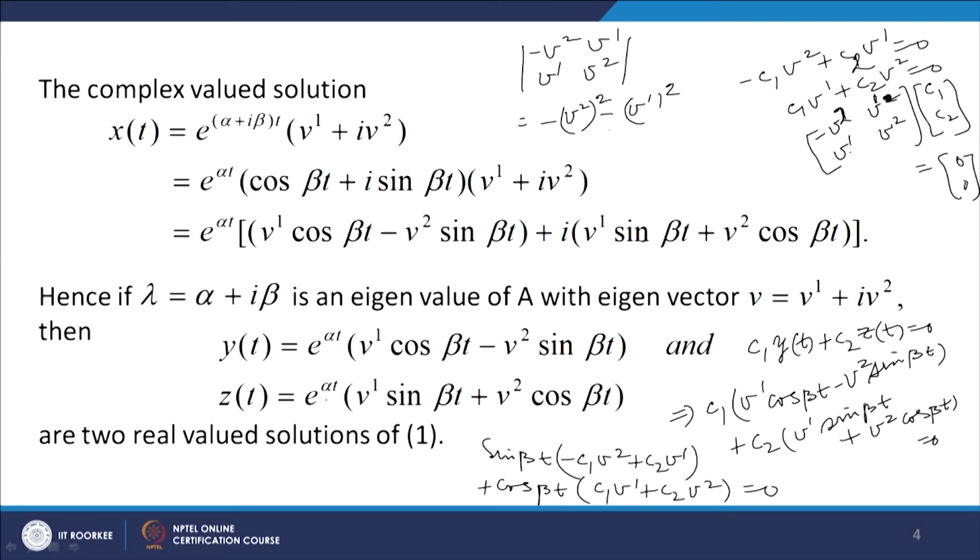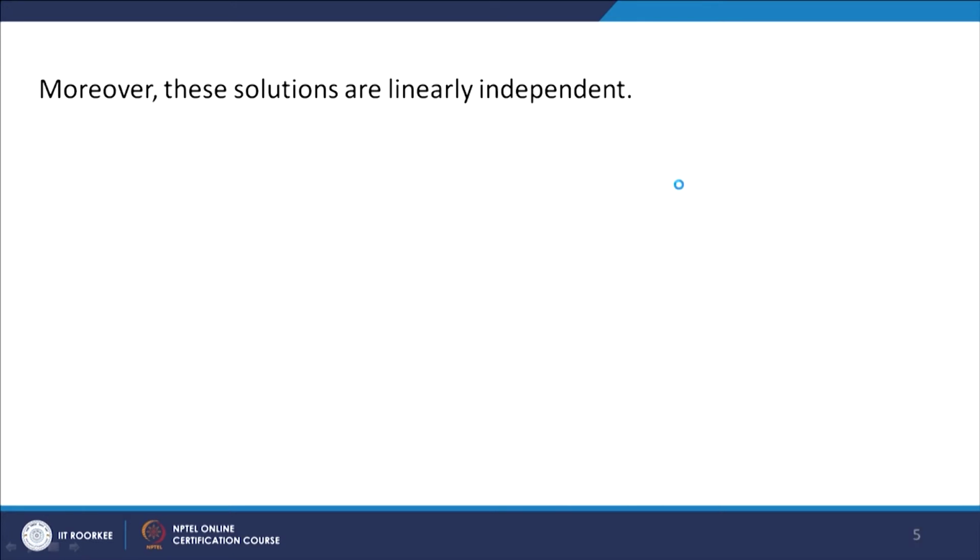Now, this is 0 if and only if b1 and b2 both are zeros, but b1 and b2 both cannot be 0 because b is a non-zero vector. So, this is not equal to 0, which implies C1 equal to C2 equal to 0. So, we get y(t) and z(t) are two linearly independent real valued solutions of equation 1. So, these solutions are linearly independent.